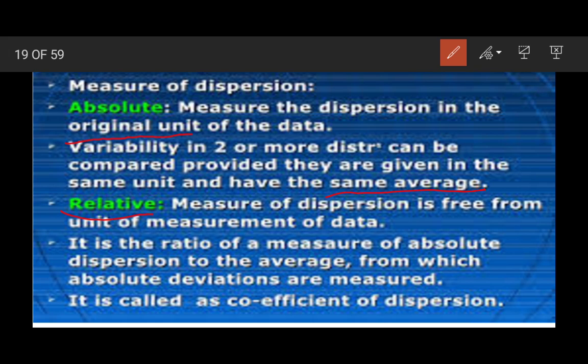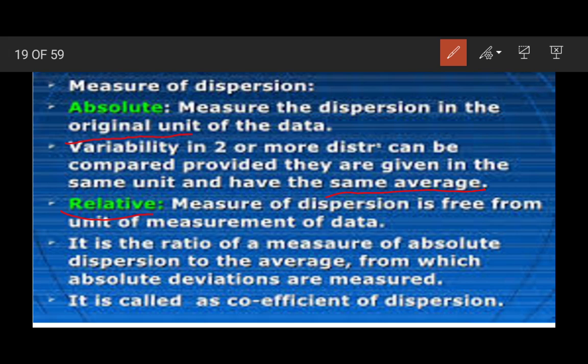It measures the dispersion, and this dispersion is free from the unit of measurement of data. So to overcome the difficulty of the absolute measure of dispersion, we discovered the relative measure of dispersion.